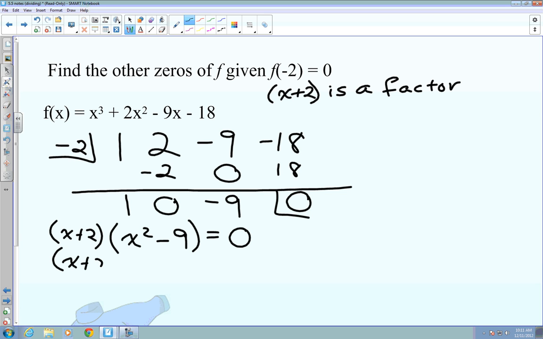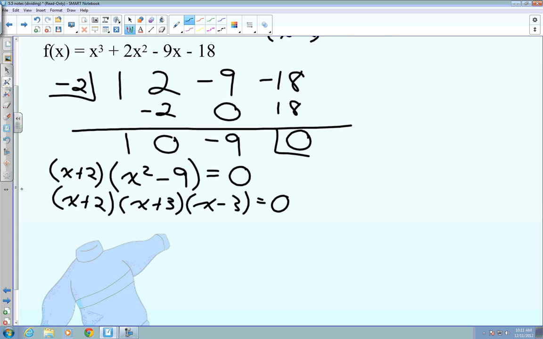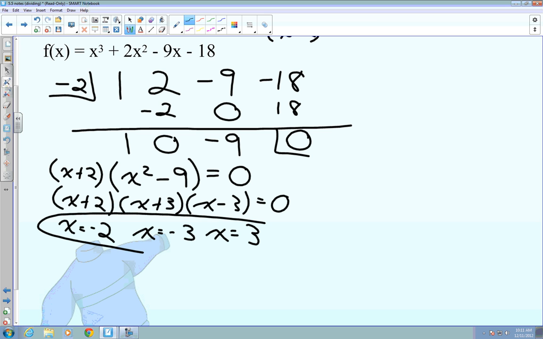So I have x plus 2 times x plus 3 times x minus 3 equals 0. And if I'm finding the zeros, then I set each factor equal to 0. So I have 3 zeros here, which is what you'd expect. x equals negative 2, x equals negative 3, and x equals positive 3. Since it was to the third, you'd expect 3 zeros, and that's exactly what we got.